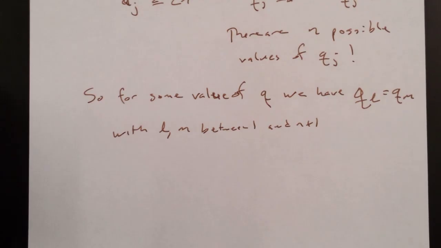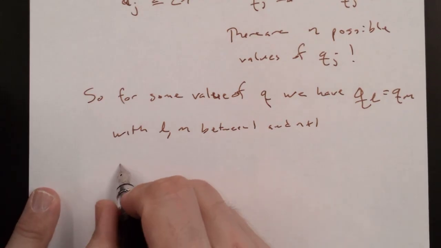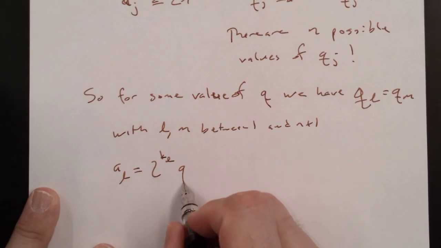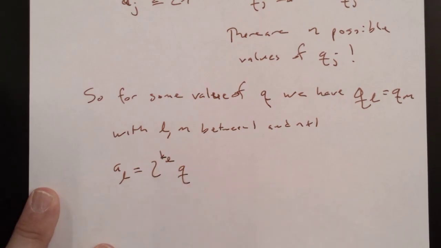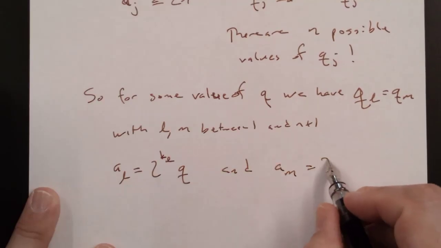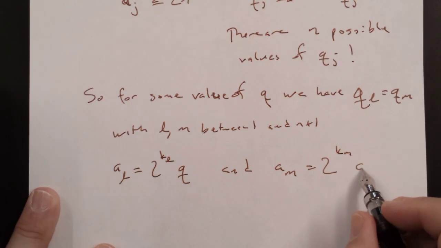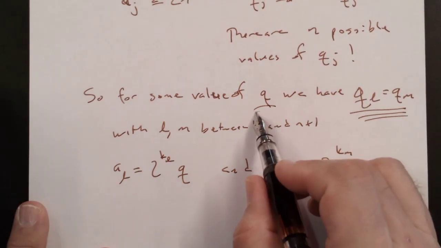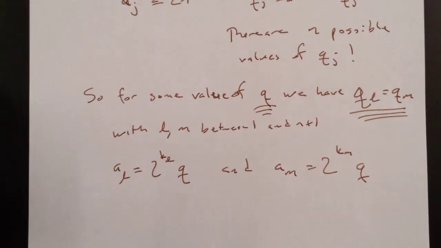So AL is 2 to the KL times Q, and AM is 2 to the KM times Q, where Q is the odd part they had in common.